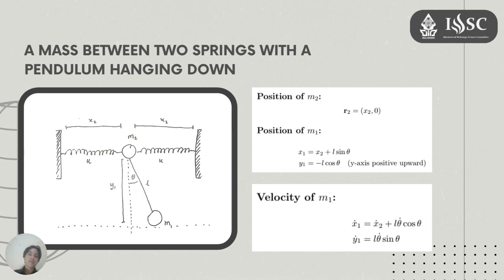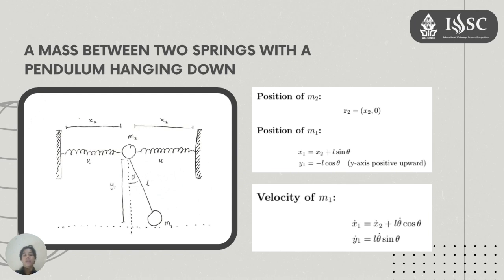Then y1 is equal to minus L cos theta, because the y-axis is positive upward and the system is hanging down, so we need the minus sign, and cos theta is the side adjacent to the angle as trigonometric.